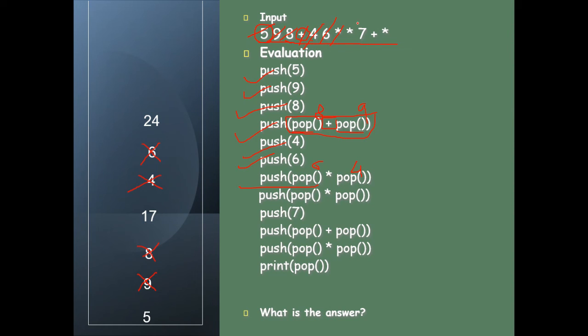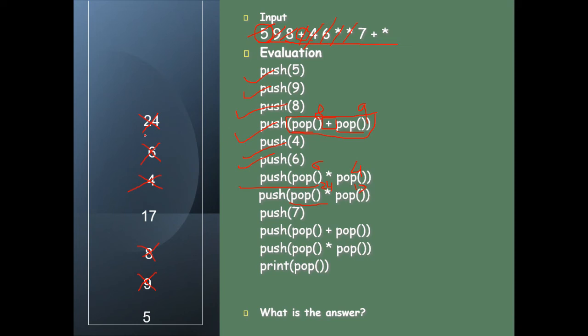Then next is star. Again star is the operator, so you have to do the same thing. Which two elements are present on the top of the stack? One is 24 and another is 17. So again you have to pop. The first pop removes 24, and the second pop returns 17.